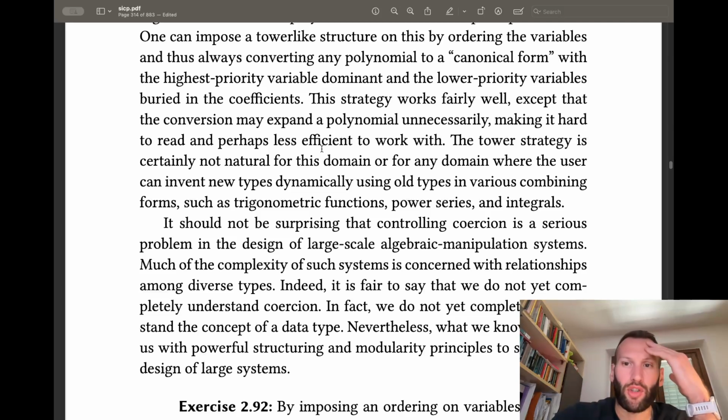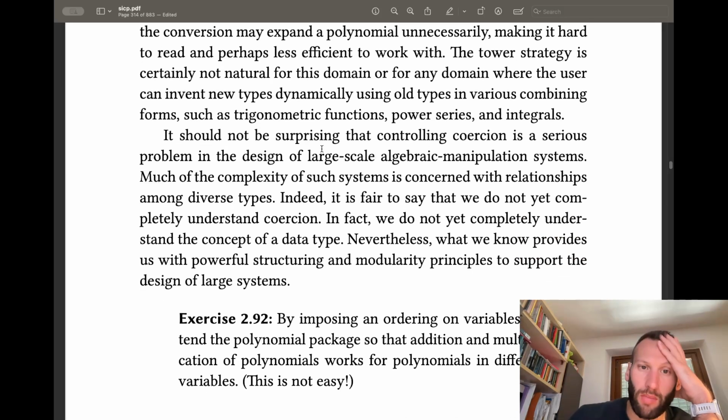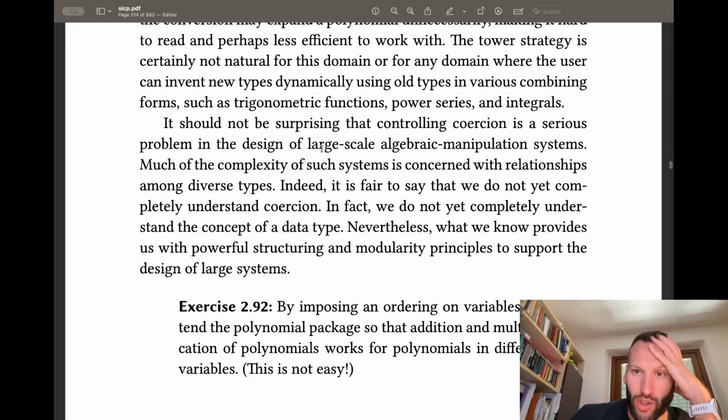The tower strategy is certainly not natural for this domain or for any domain where the user can invent new types dynamically using old types in various combining forms, such as trigonometric functions, power series, and integrals. It should not be surprising that controlling coercion is a serious problem in the design of large-scale algebraic manipulation systems.